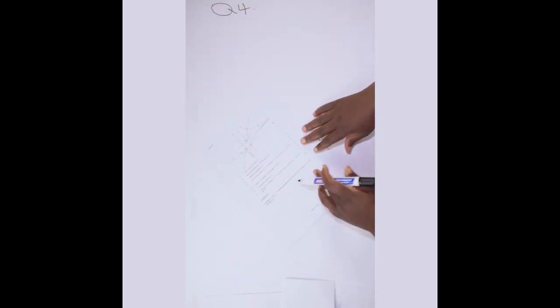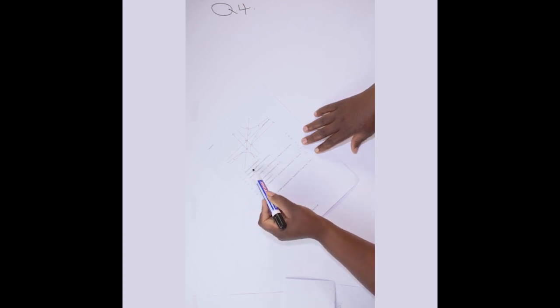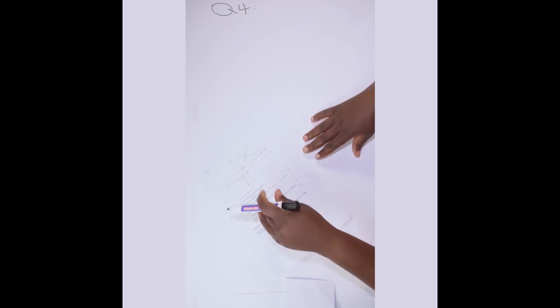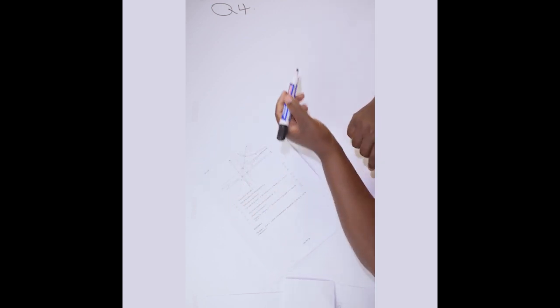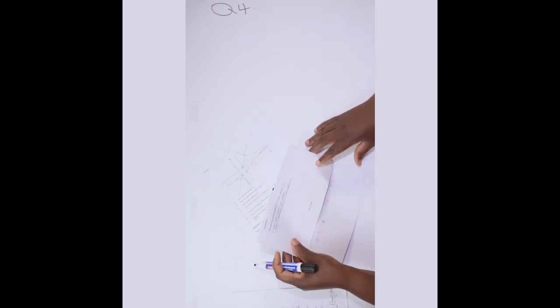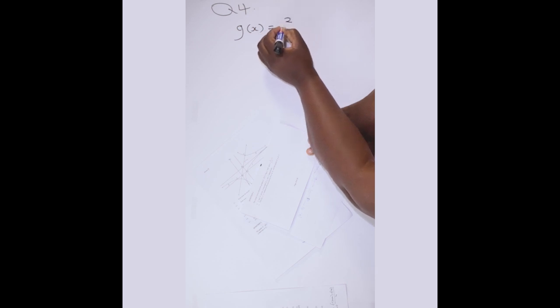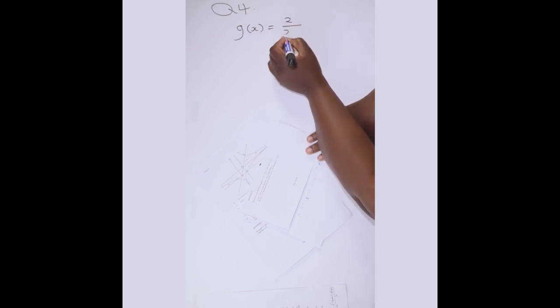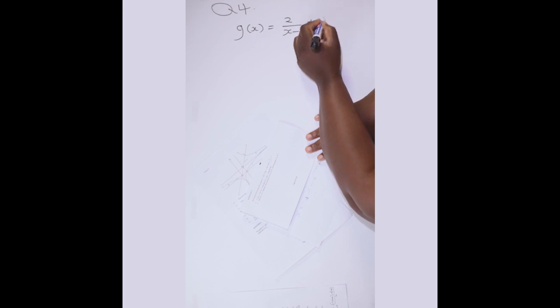We are dealing with question 4. Question 4.1 says, write down the coordinates of U. Remember, folks, U is where the asymptote passes through the x-axis. The equation given is g of x equals 2 divided by x minus 1, plus 1.